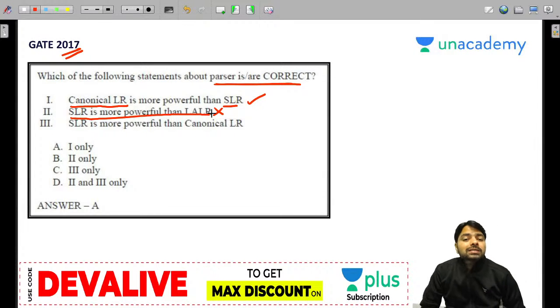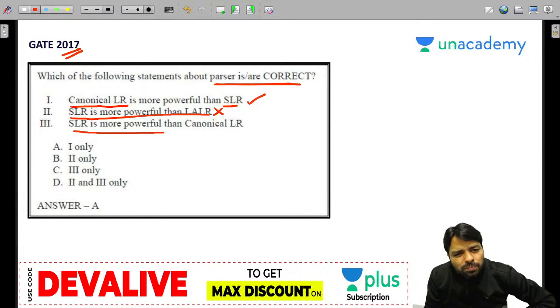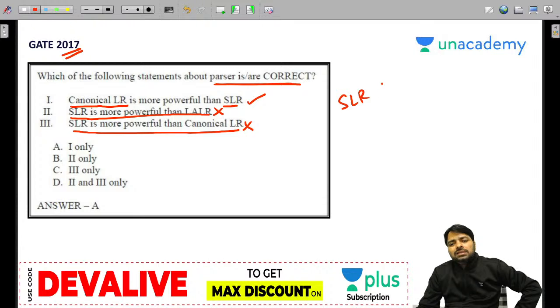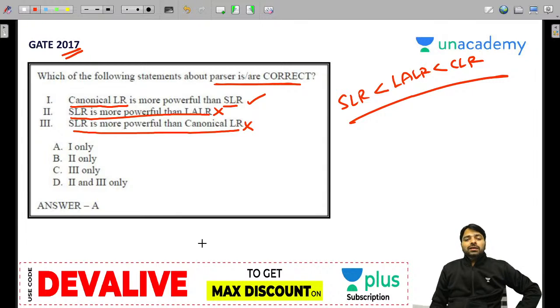Wrong, because it is less powerful than LALR1. No. You know that SLR is less powerful than LALR1, which is less powerful than CLR1. Right. Look at this and tell me, only 1 is right. Come on, very easy question, theoretical question, guys.